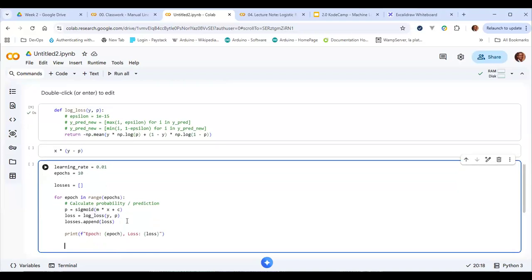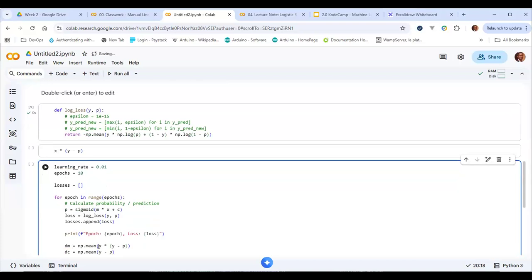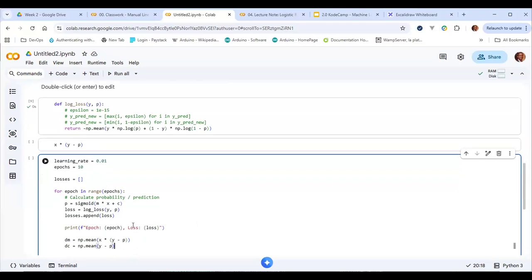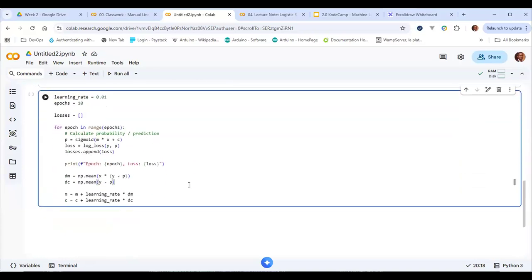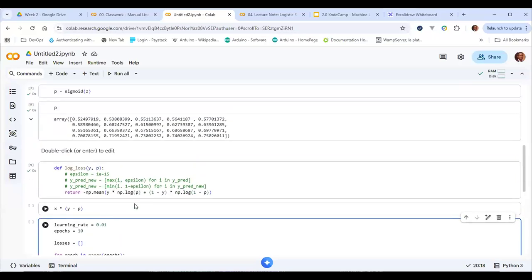So for you to calculate the gradients, the m is still the same thing, right? X times Y minus P. Where Y is the actual real value, right? P is the prediction. For c, you don't multiply it by X, you just do Y minus P. And then that's it. Then you increase the parameters with this learning rate. And you have a complete training loop.